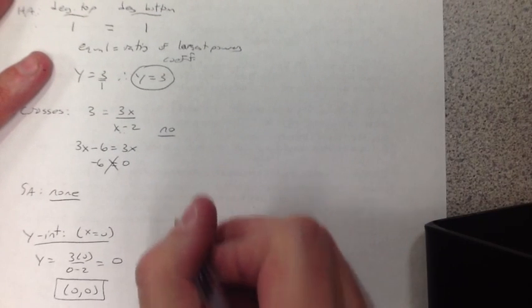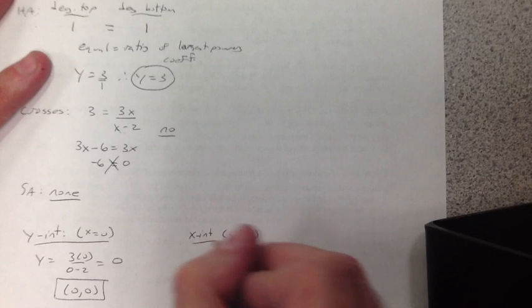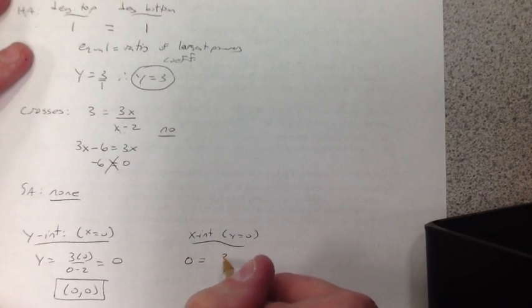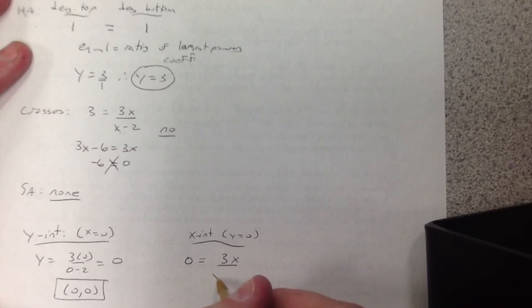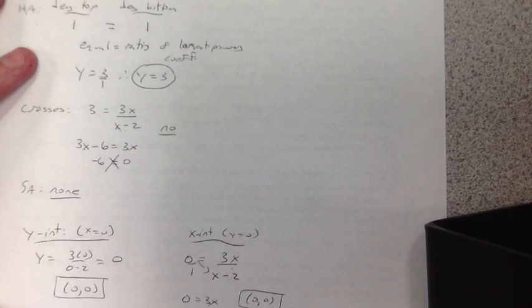Look for an x-intercept. Let y equals 0. And I get 0 equals, be very careful, 3x over x minus 2. Cross multiply. I get 0 equals 3x, x equals 0. So this will also have an x-intercept at 0, 0.